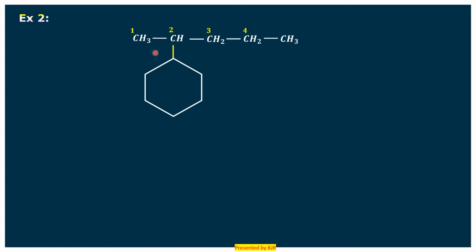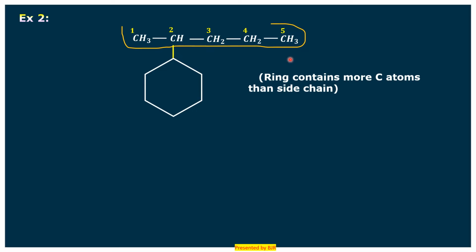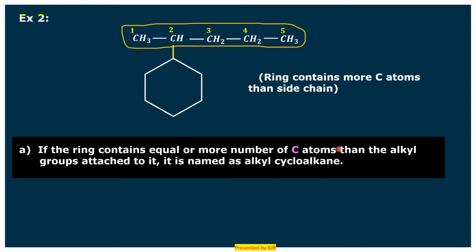So 1, 2, 3, 4, 5. See here, the ring contains more carbon atoms than the side chain. This one is a side chain and we must treat it as a substituent.